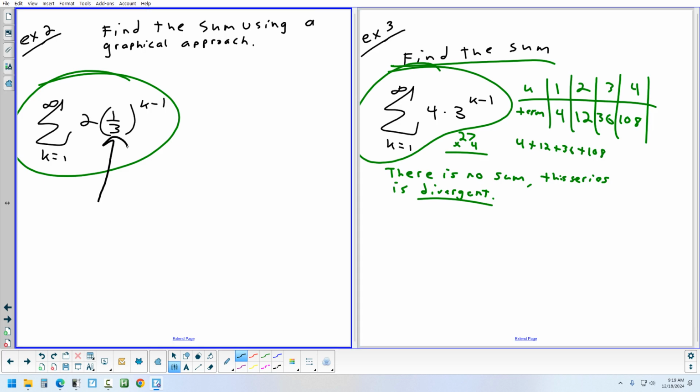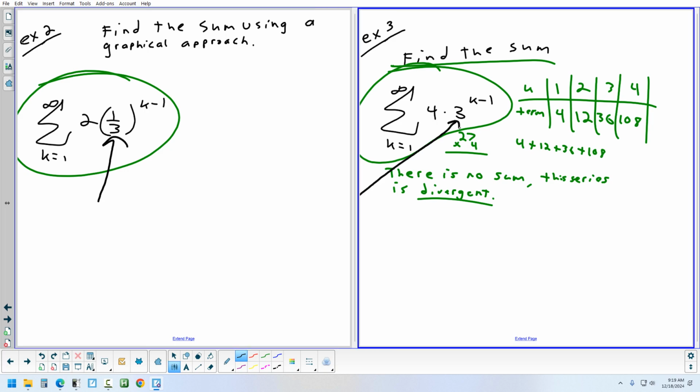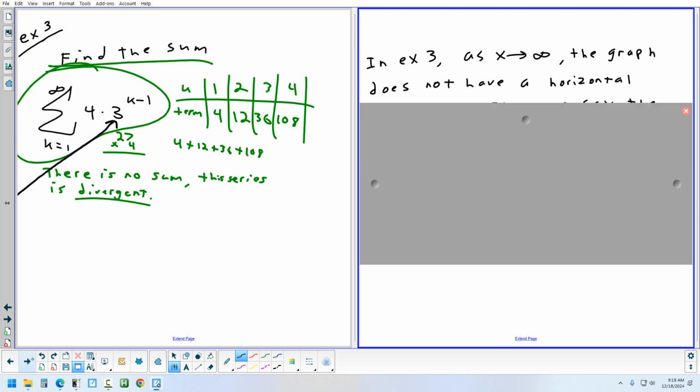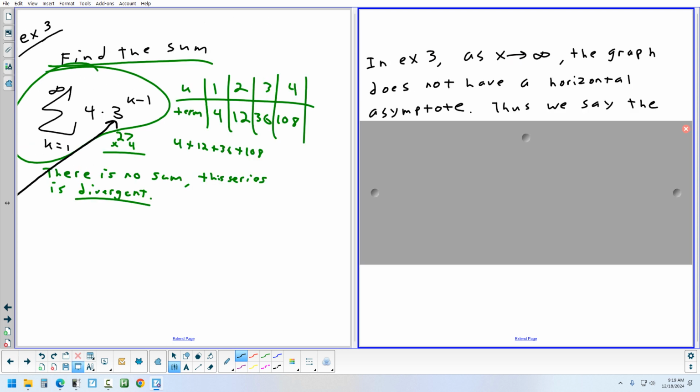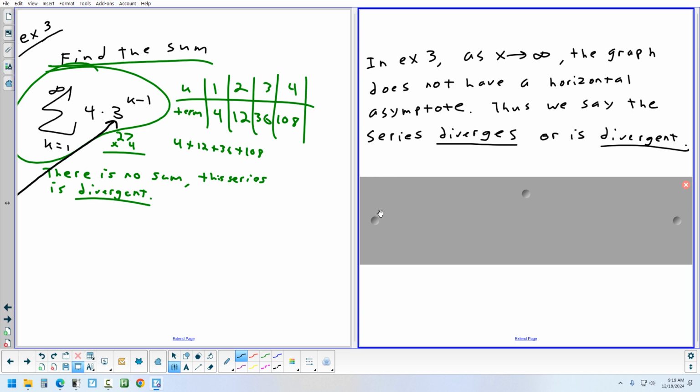That's a number less than 1. That is a number more than 1. That number alone that I'm pointing to in each one, that will tell you if it's going to be convergent or divergent.